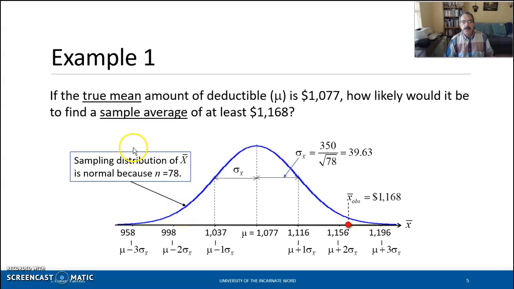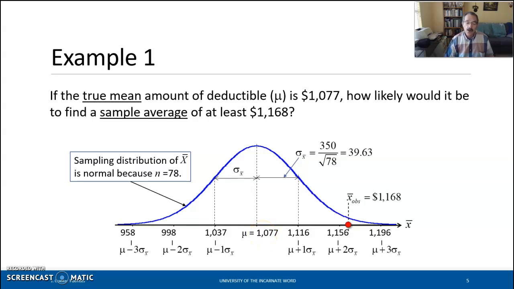All right, so here we're going to assume that in 2015, the true mean, mu, is 1,077. And we would like to know how likely it is to find a sample average of 1,168 if the true mean for 2016 is 1,077. So here I'm showing you the sampling distribution of the mean, assuming that it is centered on the mean of 1,077.